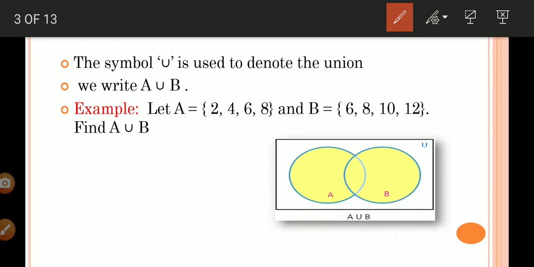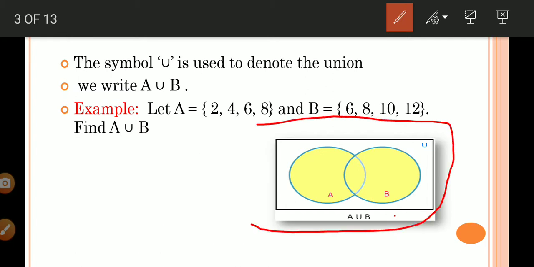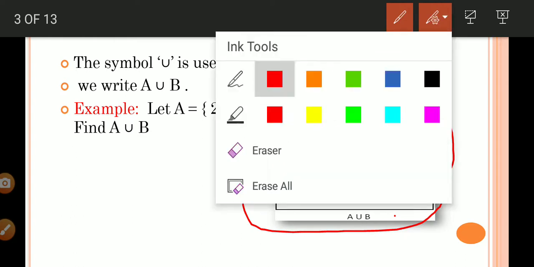That is the union of sets. The union of sets can be represented by a Venn diagram as shown in this figure. The yellow shaded portion represents A ∪ B.